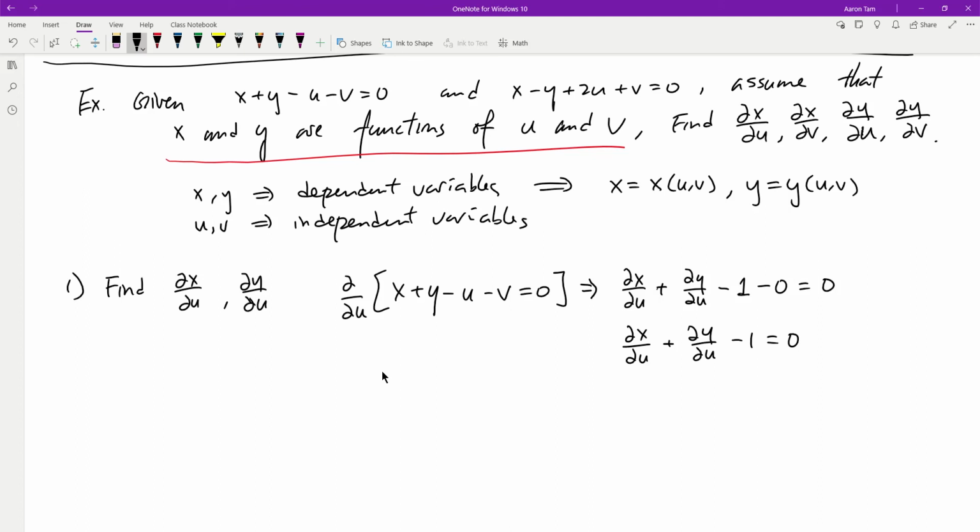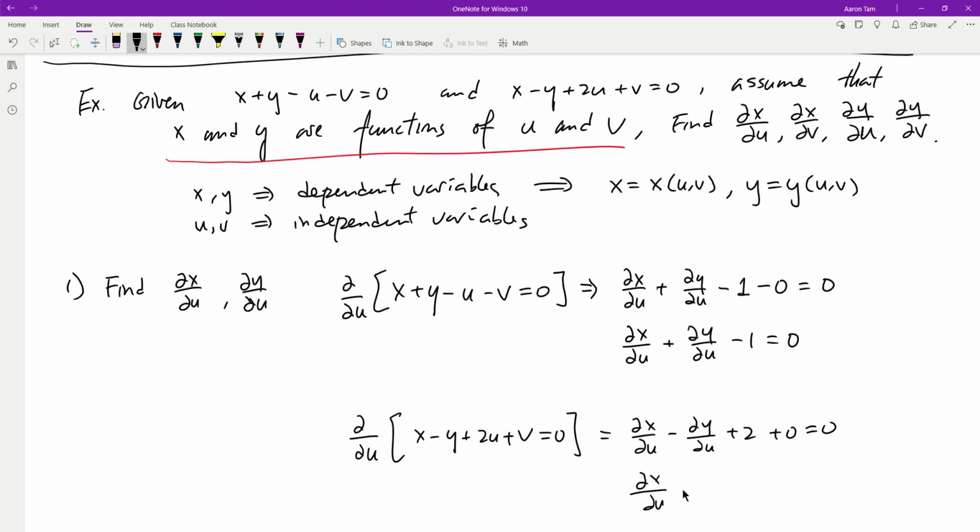And that's the reason why we result in a system of equations. Now I'm going to do the same thing, but differentiate the second equation with u. So that comes out to be dx over du minus dy over du plus 2 plus 0 equal to 0. So therefore, dx over du minus dy over du plus 2 equals 0.